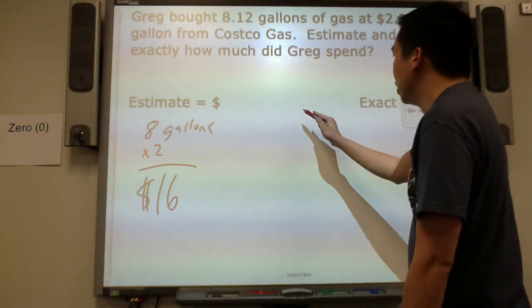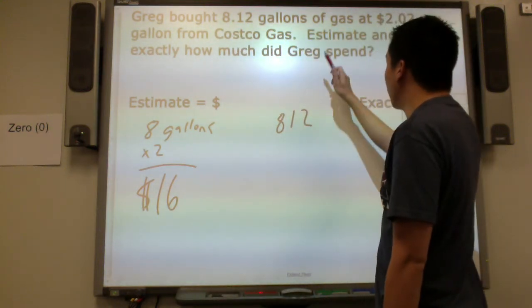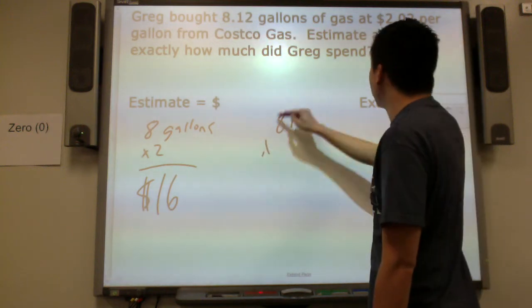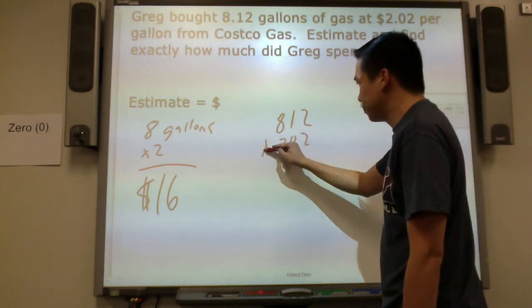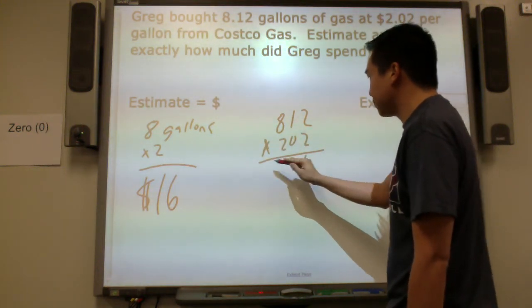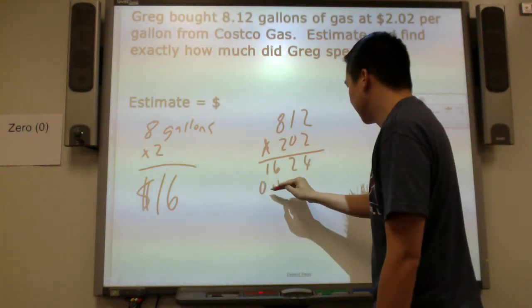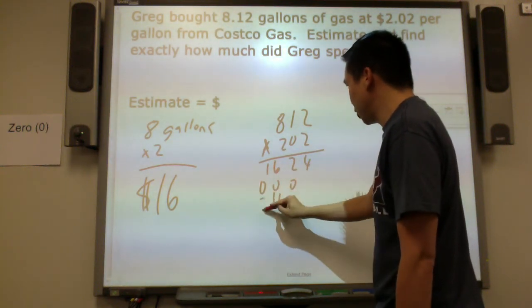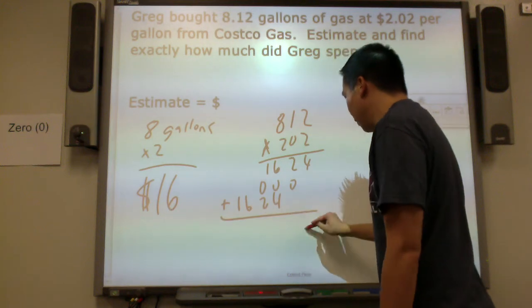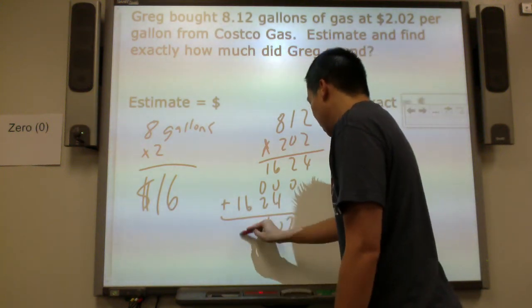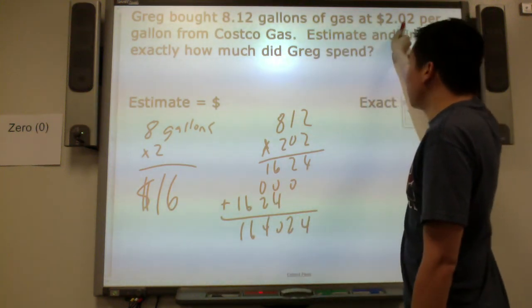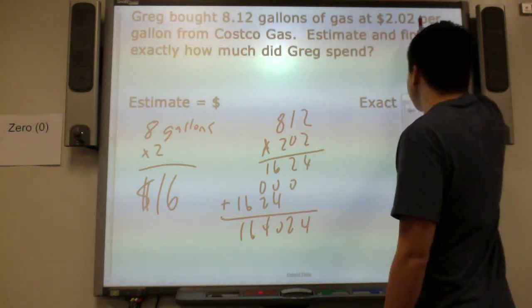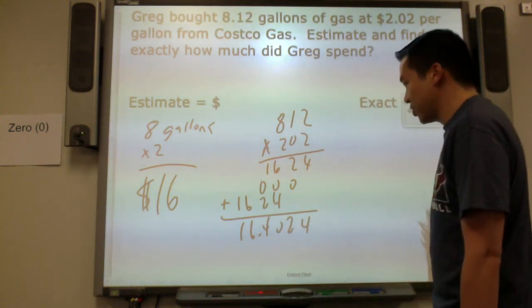Exact now. If you want to multiply these, you can multiply pretending they're whole numbers, and we'll go back and put in a decimal point. You add it up. And how many digits? 4 places.